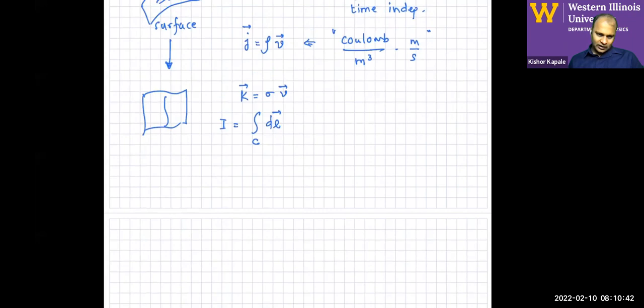You are looking at a small line element dl, and that's your contour on which you are moving along. Then again, you need to figure out the current, which we normally express as a scalar quantity, because you have a line vector here. It has to be dotted with another vector, but it turns out you need a combination of the K, which is in the plane, cross product with the normal to the surface.